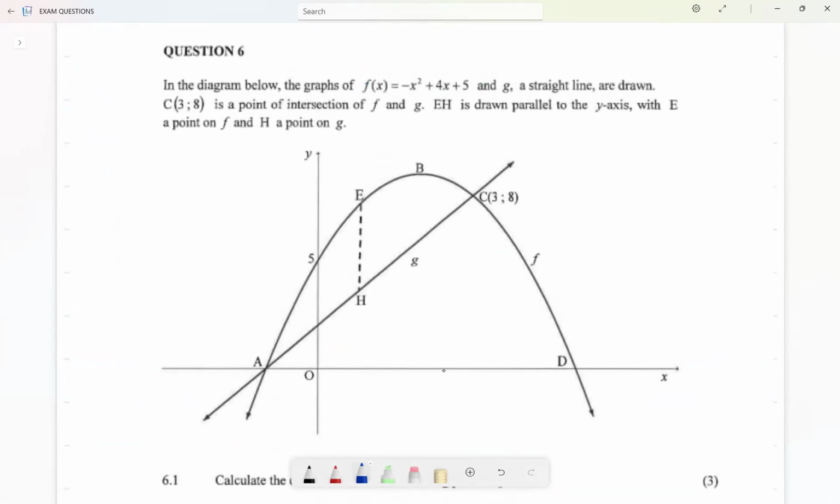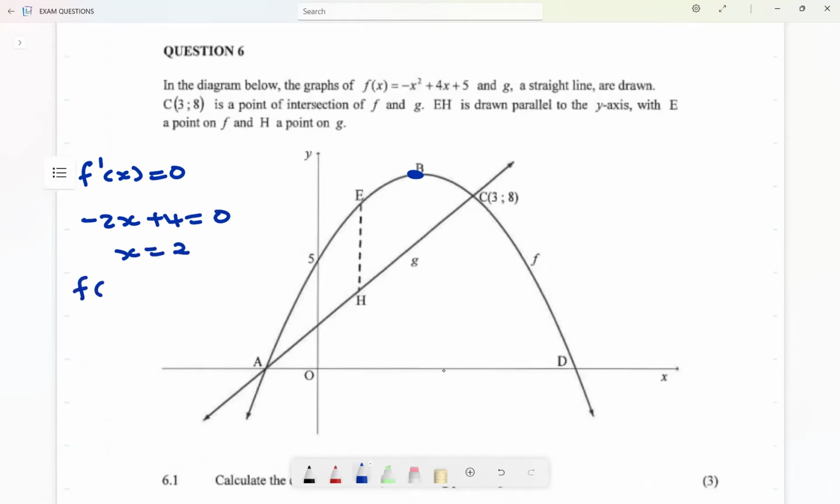Remember, if you're doing grade 12, you know that at the turning point, the first derivative is equal to 0. So it's going to be negative 2x plus 4, and it is equal to 0. And then x will just be equal to 2.